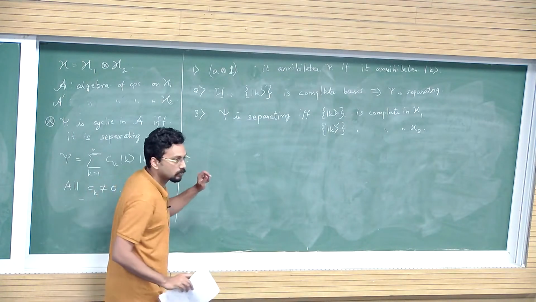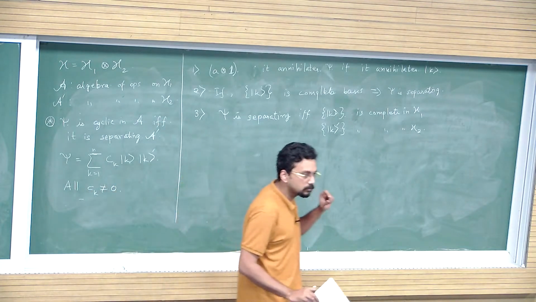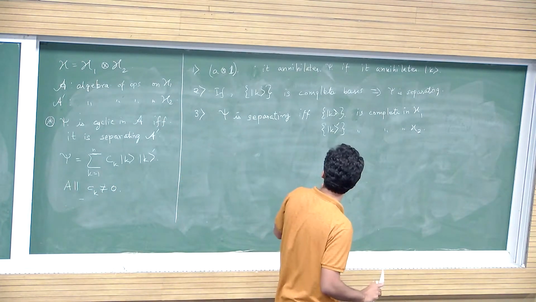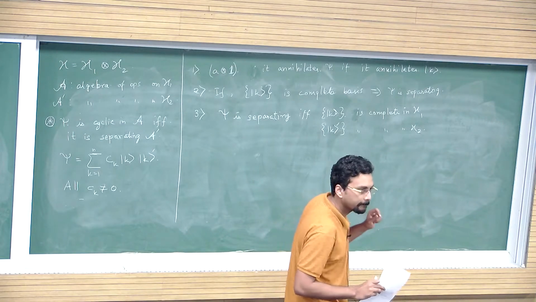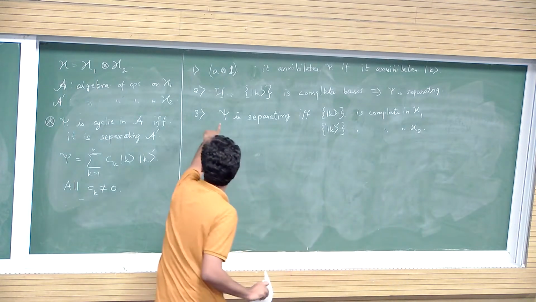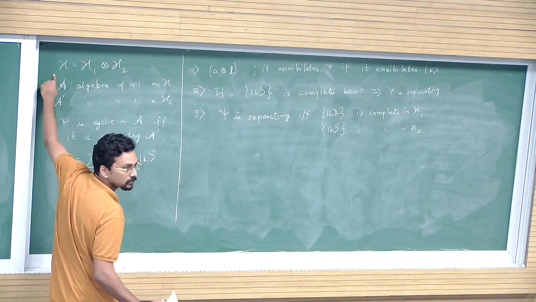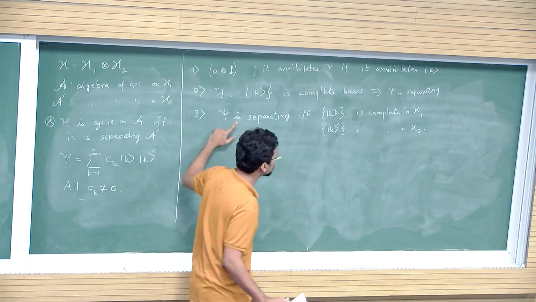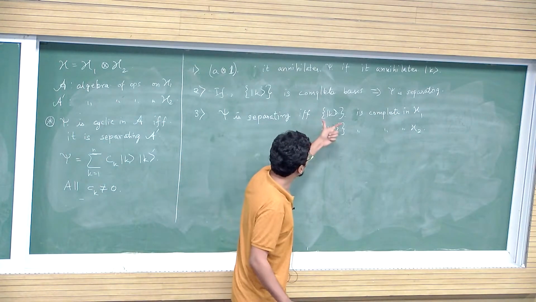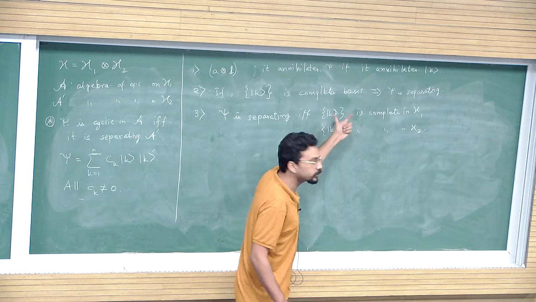Can you explain how? You are using that statement that psi is cyclic. Yes, psi is something that belongs to the full Hilbert space. Fine. So this will be separating if and only if this is complete in both H1 and H2.